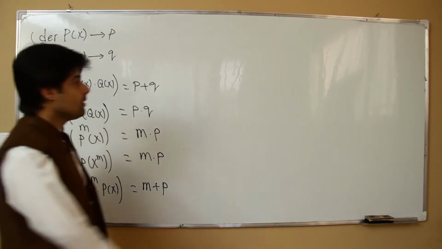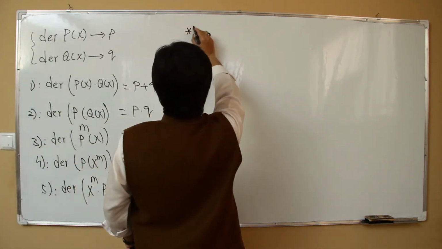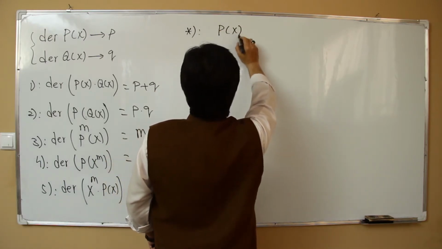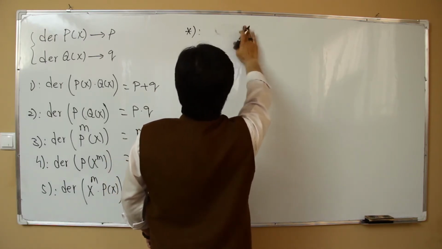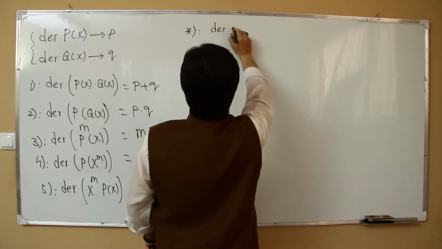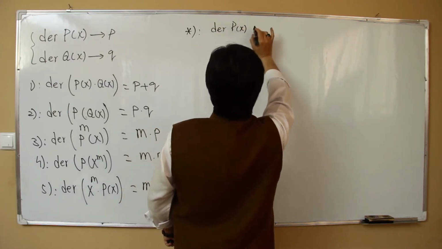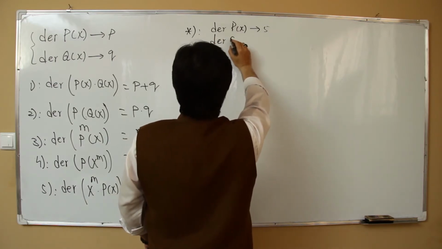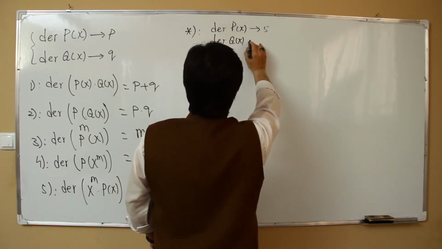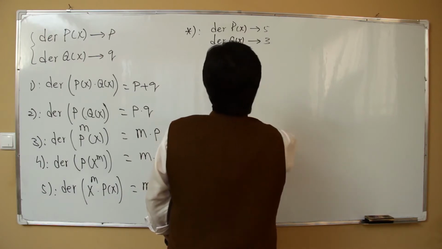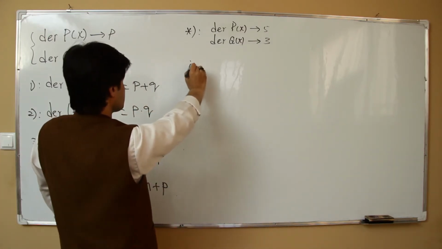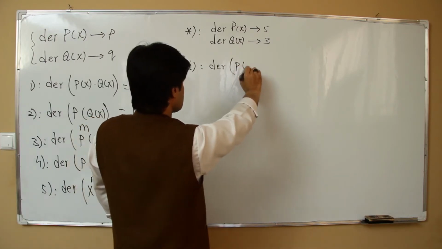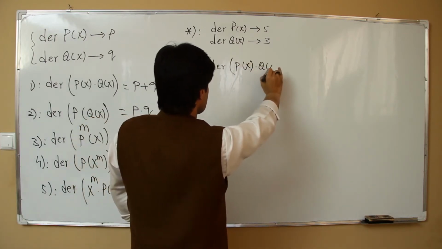Should I write an example? Yeah. For example, the degree of p(x) is 5, and the degree of q(x) is 3. Now first, what is the degree of p(x) times q(x)?